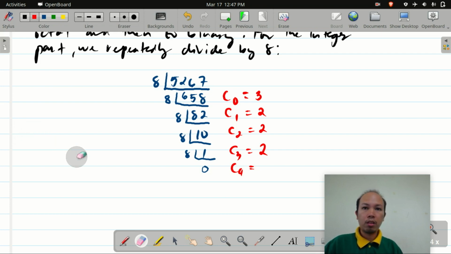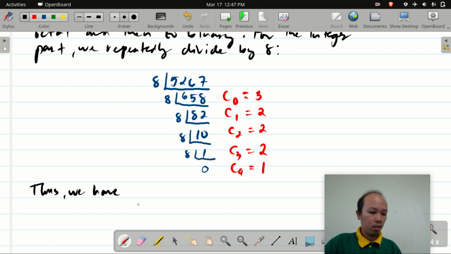Okay, that one. Remainder is 1. Okay, so thus we have 5, 2, 6, 7 in base 8, 5, 2 in base 10.